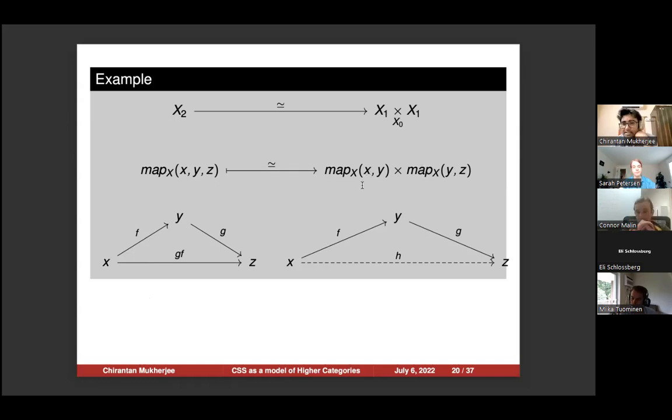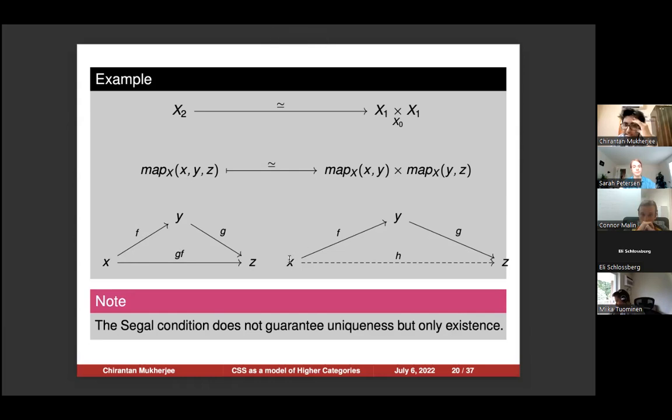But on the right-hand side, I have a morphism F from X to Y and a morphism G from Y to Z. Now, my Segal condition says that I can close this diagram, that is, I can have a morphism from X to Z, which I denote by H, but the Segal condition does not guarantee that my H is unique.